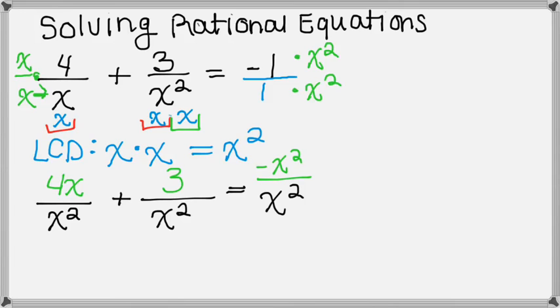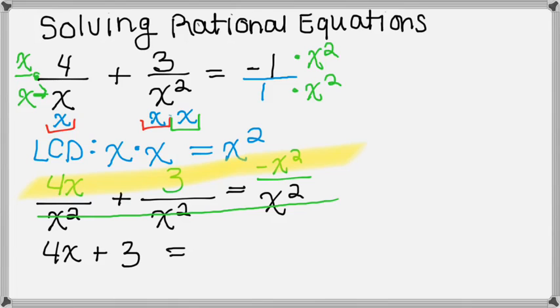And then at this point, because all the denominators are the same, the equation is going to be equal as long as everything in the numerator is equal, and that's what we're going to solve from here. 4x plus 3 is equal to negative x squared.